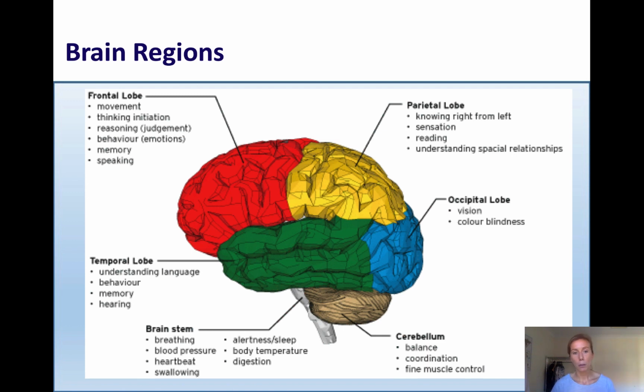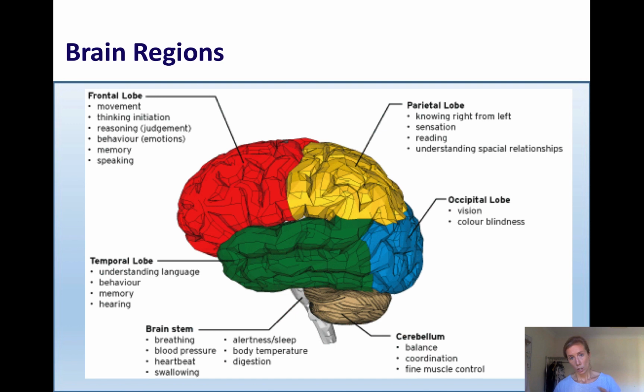If we look at the temporal lobe, just below that in the green, understanding language, behaviour, memory, hearing, so you can see there is some crossover. But once we see the imaging via the CT or the MRI, and we know where the stroke has taken place, then we can be a little bit more specific with the treatment and recovery and rehabilitation that individual is going to receive.